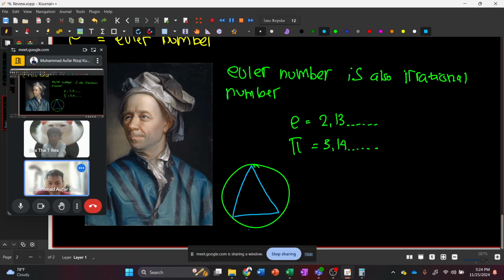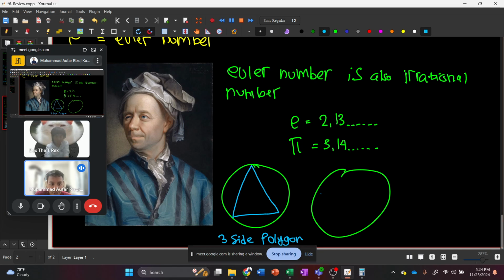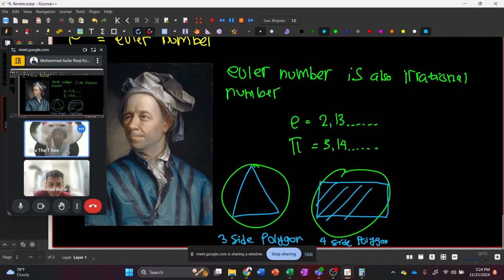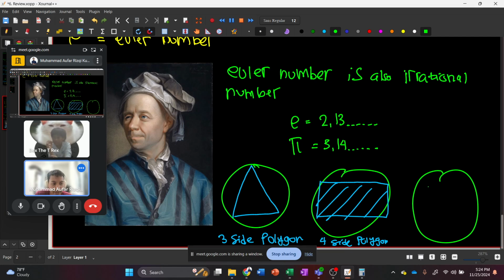The first approximation is a triangle, a three-sided polygon, and then a four-sided polygon, a square. They were trying to guess the area of a circle using these. The approximation gets better with more sides. We start from five sides, and it will be like this.